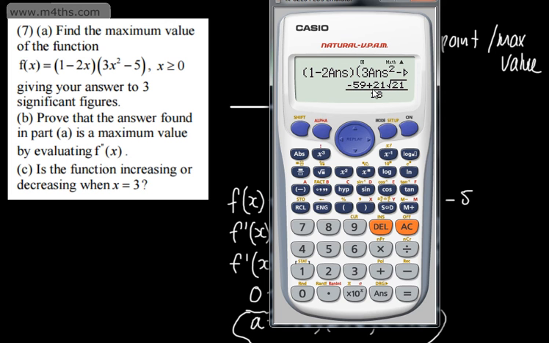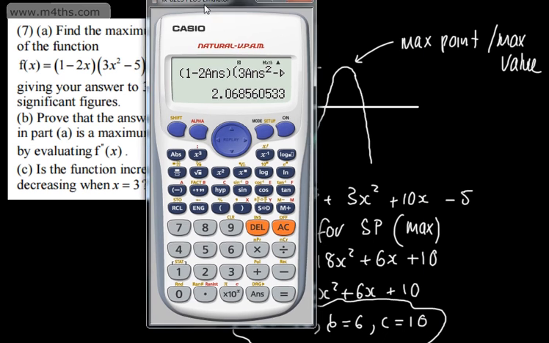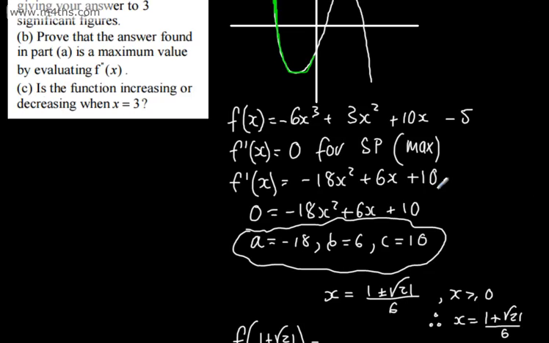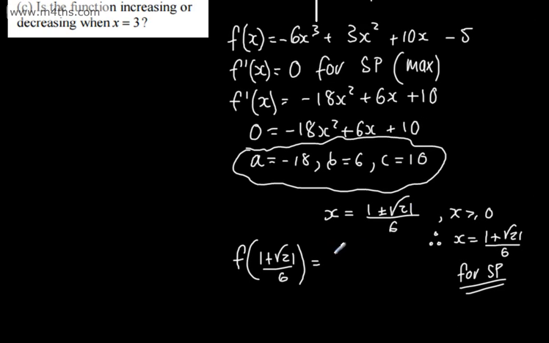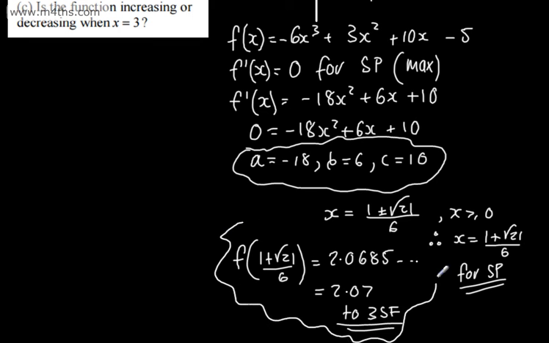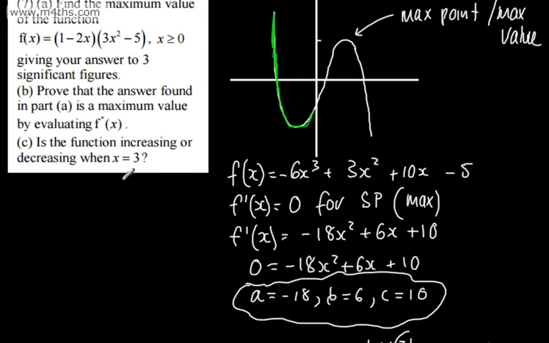So that's what we get, and we can say now that that is going to be 2.0685, so that's 2.07 to 3 significant figures, so to 3 SF. So that is the maximum value, and that's what we've done. Okay, so that's all done.